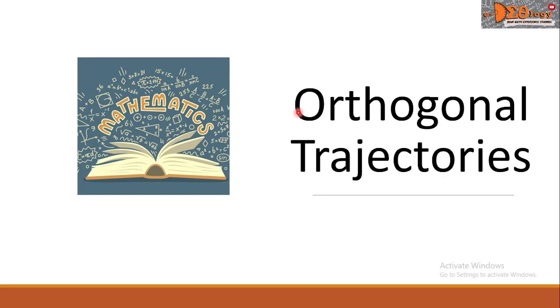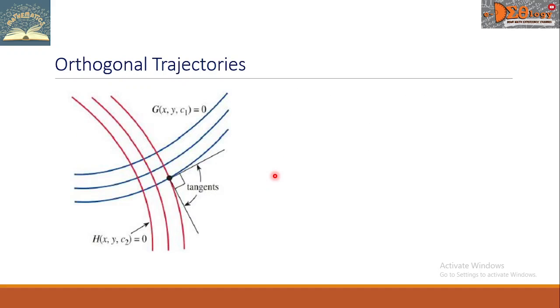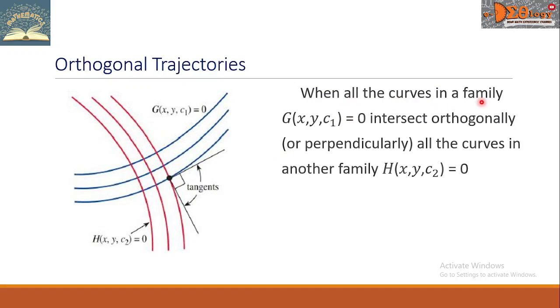Hi everyone. Today we're going to study orthogonal trajectories. Given the graphs, when all the curves in a family G of x, y, c sub 1 equals 0, these are the graphs in blue, intersect orthogonally or perpendicularly all the curves in another family, say H of x, y, c sub 2 equals 0.